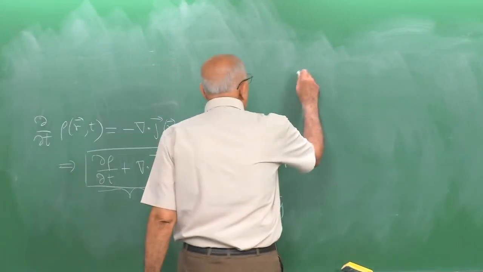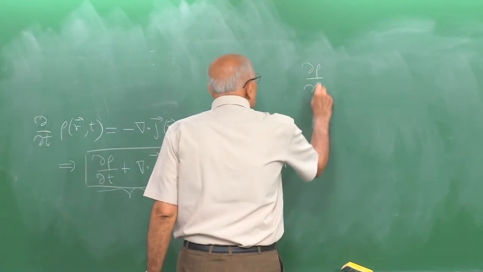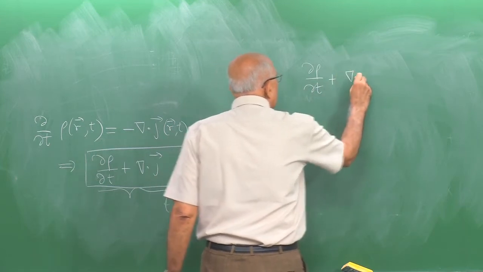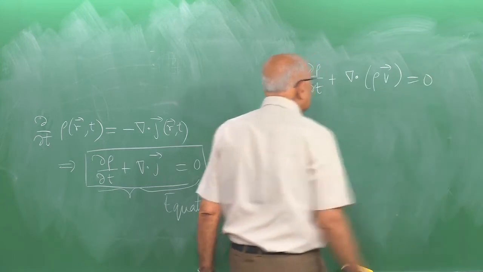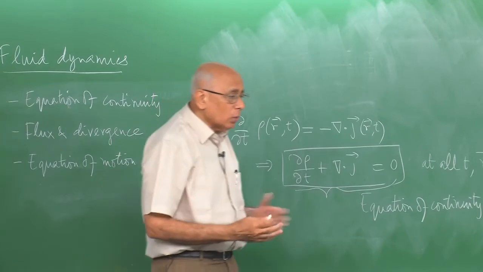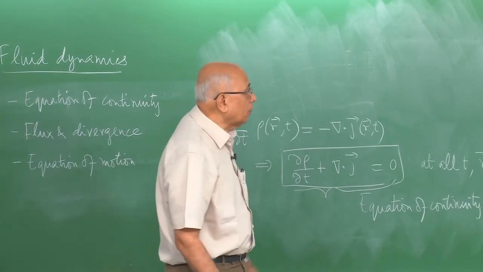Remember, J is rho times V. So, delta rho over delta t plus del dot rho times V equals 0 is connecting rho and V. It means these two quantities, these two fields, are not independent of each other.